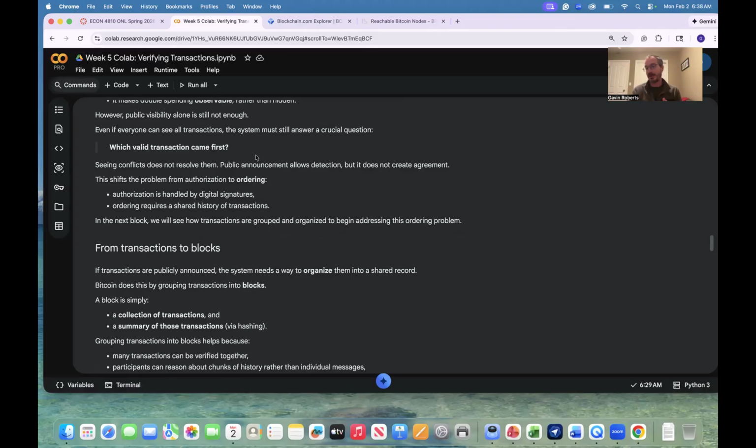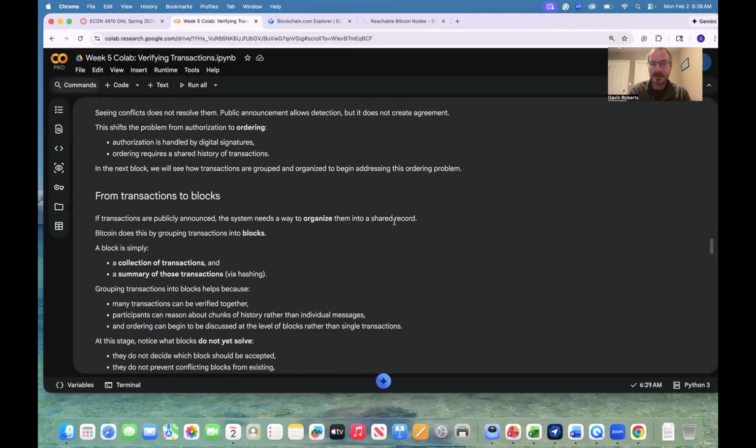So one node might receive Gavin sends Alice one coin first, then Gavin sends Sarah the same coin second. Over here, Gavin sends Sarah the coin first, Alice the same coin second. So you might get two different nodes who receive the transactions at different points in time.